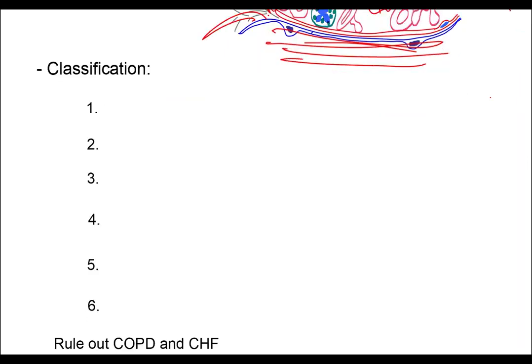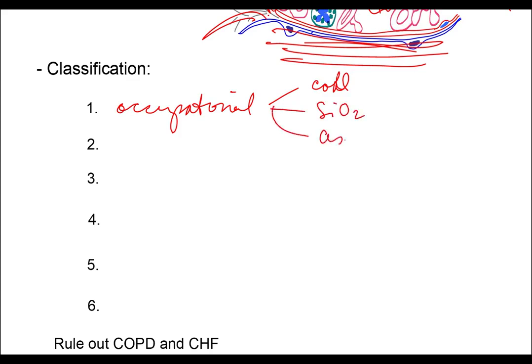When we talk about how to classify them, they basically break into the occupational, which is going to be our diseases of coal workers' disease, silicosis, asbestosis, and then much less commonly, berylliosis. The next big group we have is the connective tissue diseases.